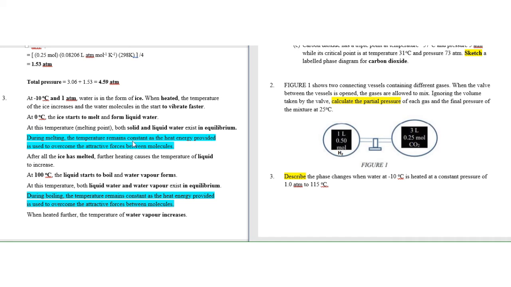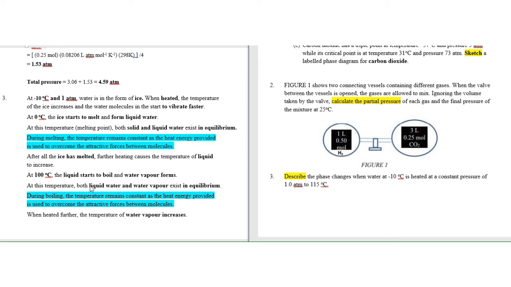So this is the process that happens for solid and liquid at equilibrium. Same for here, also the same. Next, the ice continues to melt and becomes liquid. Now liquid, at 100 degrees Celsius, will change to water vapor form.